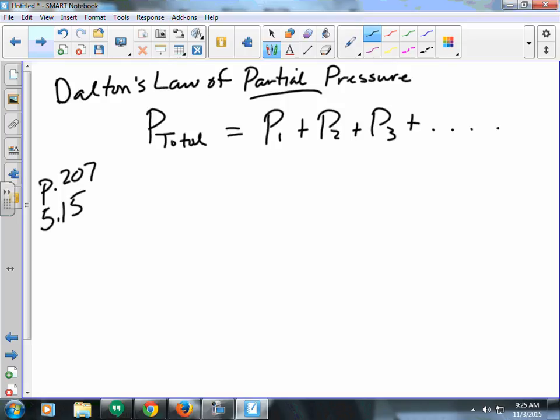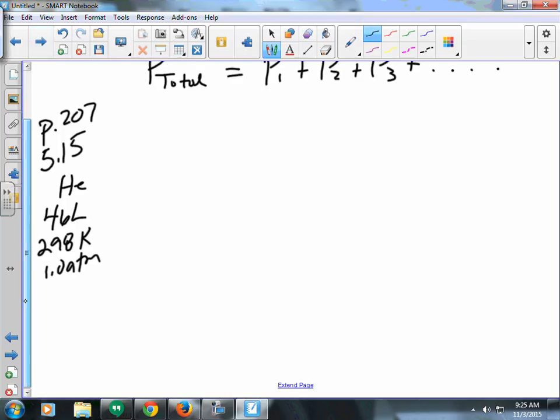For a particular dive, 46 liters of helium at 25 degrees Celsius, that would be 298 Kelvin, and 1 atmosphere, and 12 liters of oxygen at 25 degrees Celsius and 1 atmosphere were pumped into a tank with a volume of 5 liters. Calculate the partial pressure of each gas and the total pressure in the tank at 25 degrees C. So let's finish setting this up.